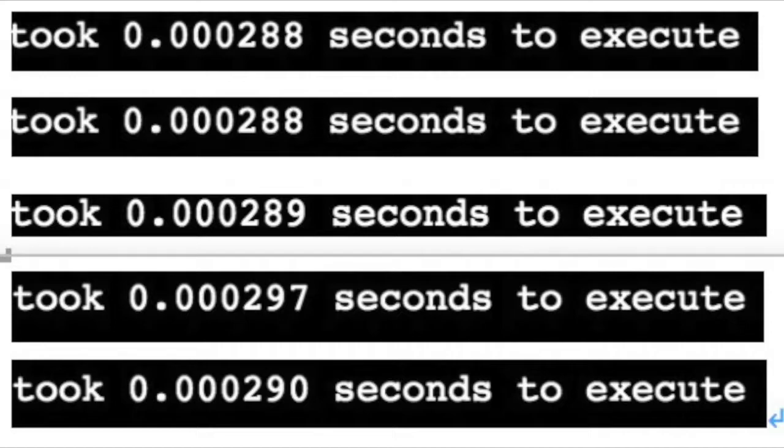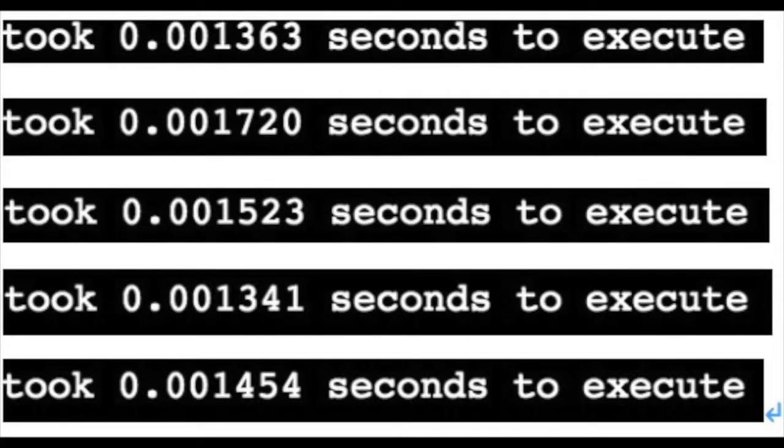When the class size is equal to 10, the average time is 0.002904, which is very stable data. When the class size is equal to 100, the average is 0.001480, which is much more unstable.